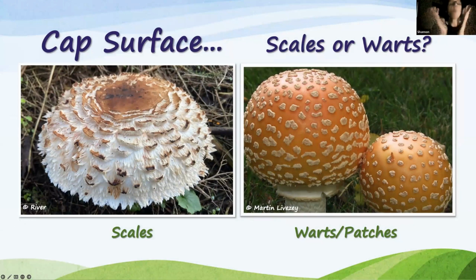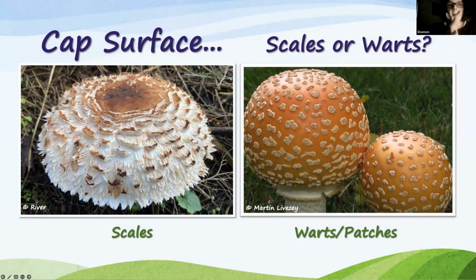So one of the things, when I think about my early endeavors to help students come to terms with mushroom identification, was helping my students understand the difference between scales and warts, because when you see a drawing or a photograph, it's not necessarily evident or even intuitive what the difference is.